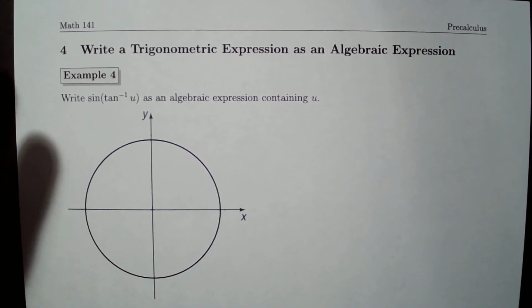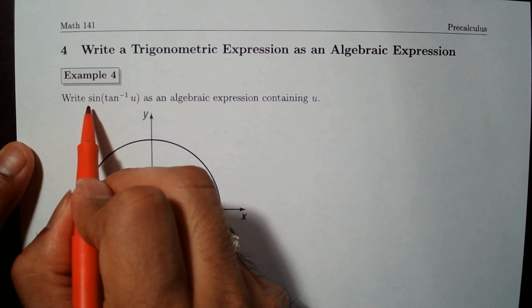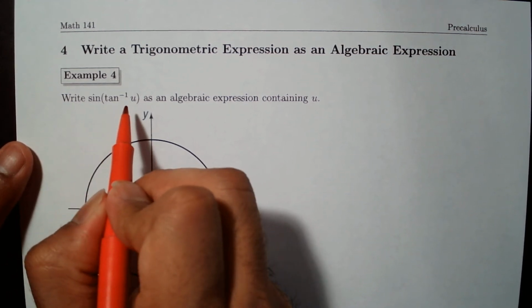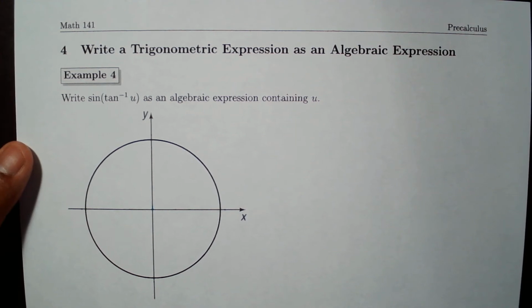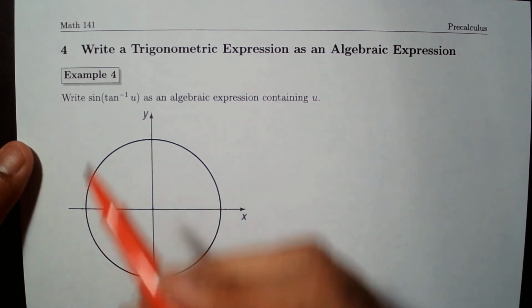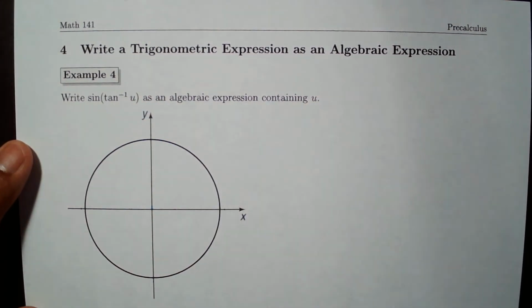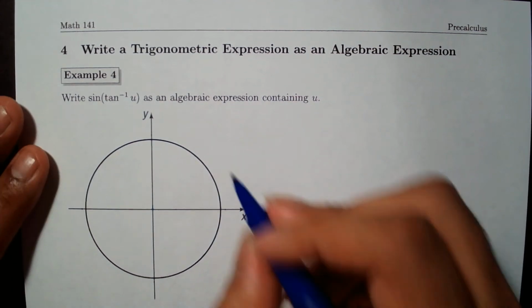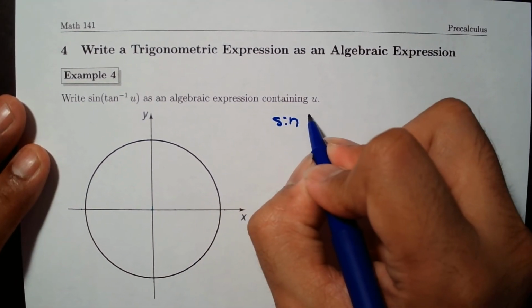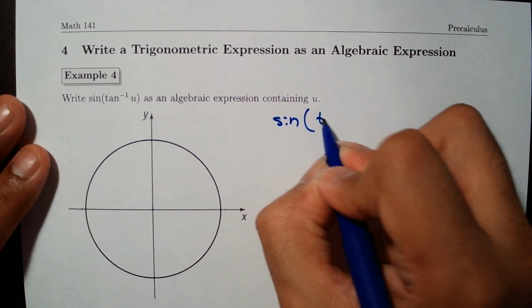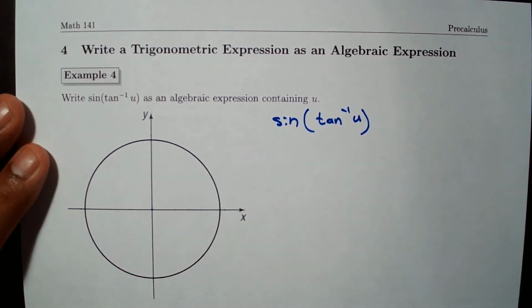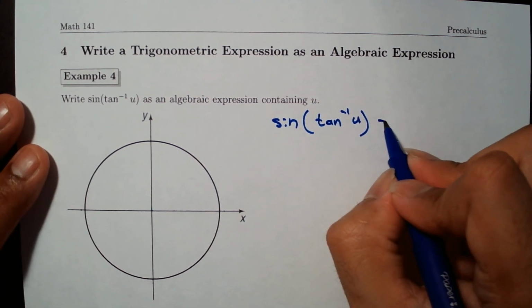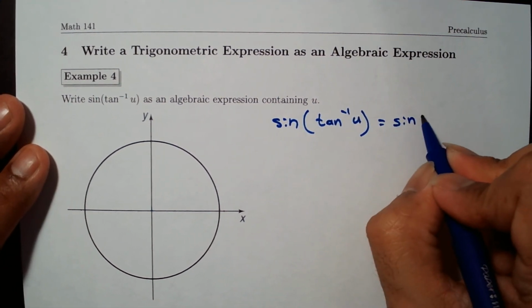So essentially we do the same. Instead of having a number here, we're just going to have a value of u or x or your favorite letter. In this case, typically for this kind of example, we use the letter u. So sine of tangent inverse of u means sine of theta.